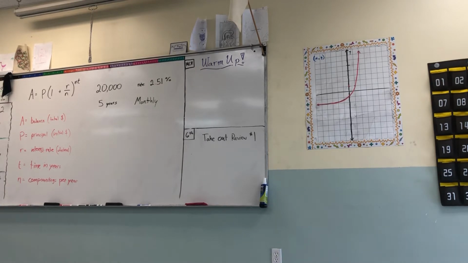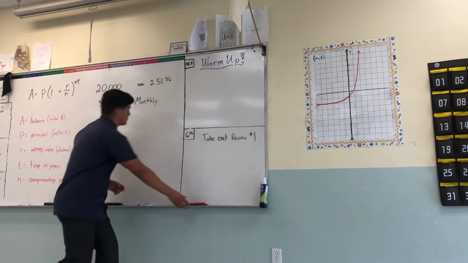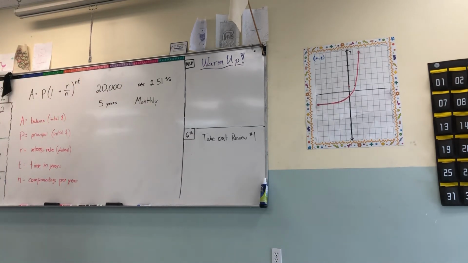And what does that mean? How many times a year it's compounded? Compounded monthly, so it's 12. And what's T? T is years. That's five. So we just put that.